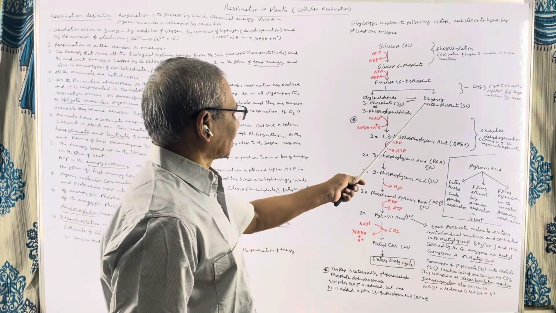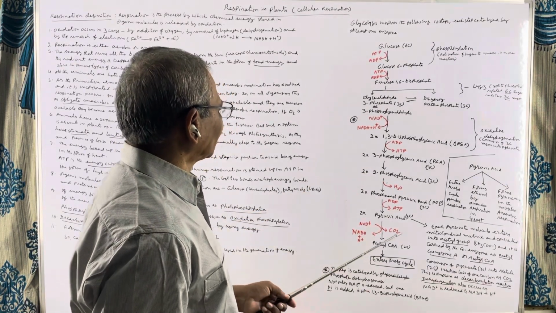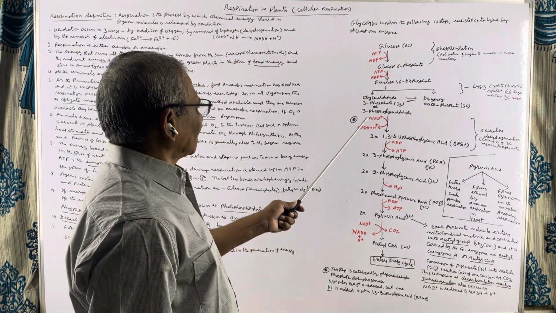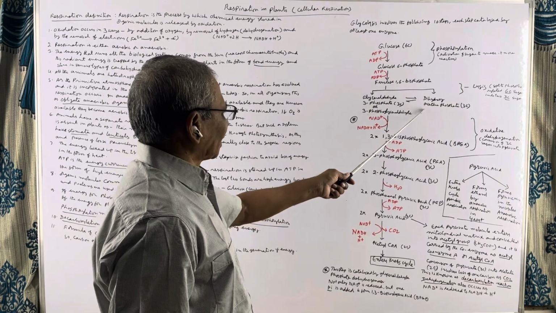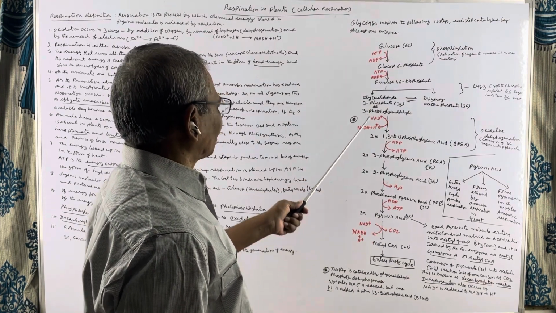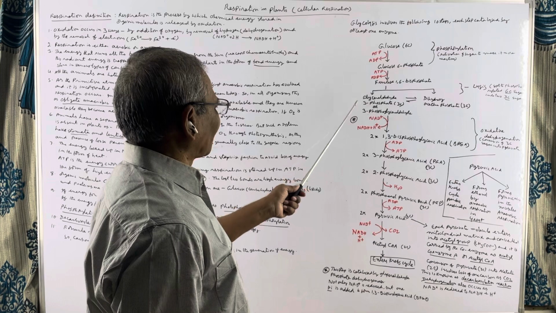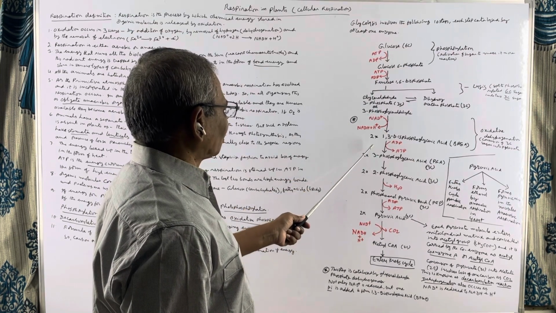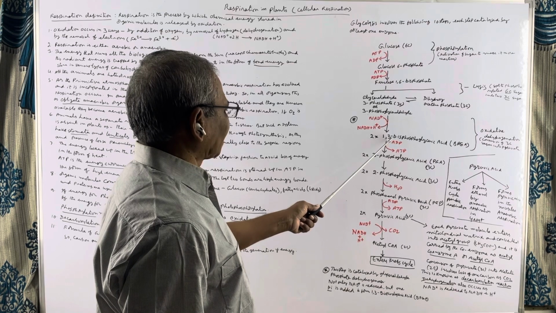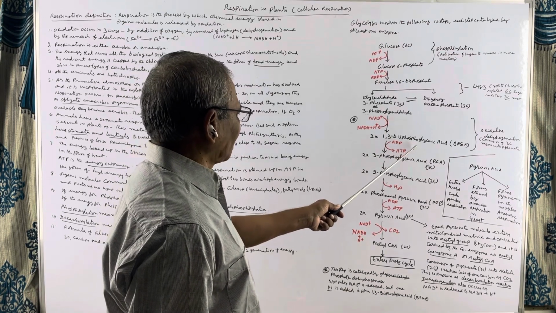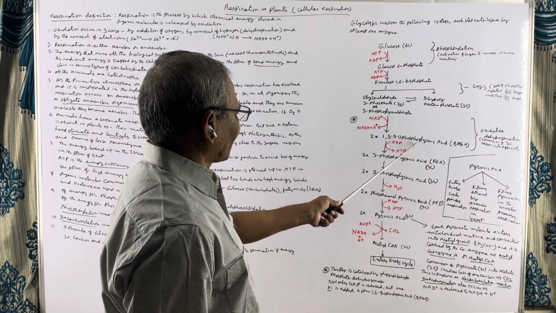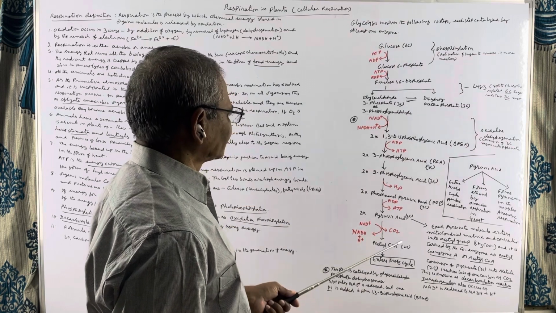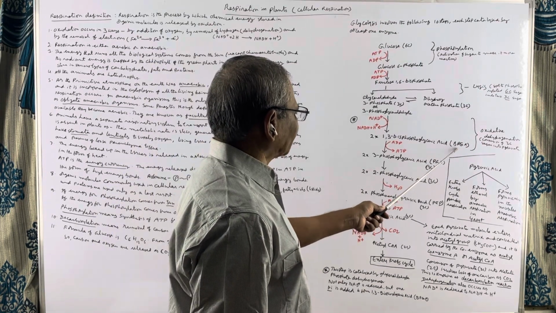This can become this one or this can become this one. The dihydroxyacetone phosphate is also converted into glyceraldehyde 3-phosphate, and the glyceraldehyde 3-phosphate is converted into 1,3-bisphosphoglyceric acid or BPGA.